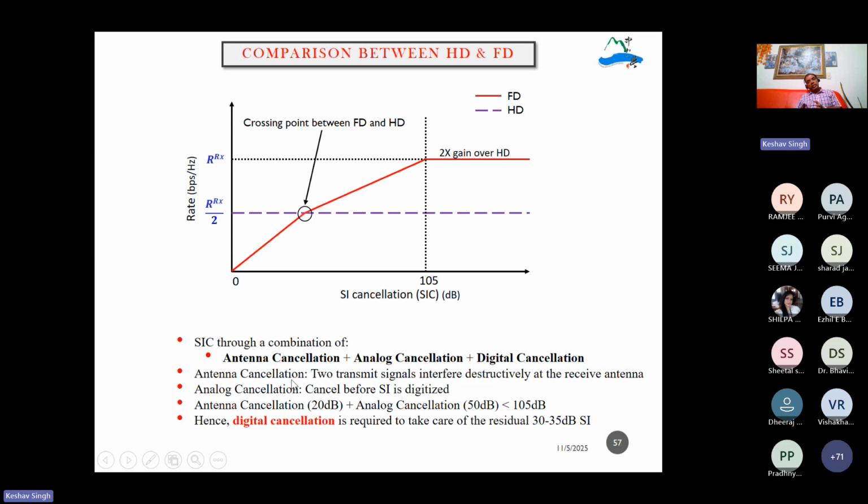One is antenna cancellation, another is analog cancellation, and then digital cancellation. We believe that antenna and analog cancellation, these two, can cancel up to 70 dB of SI, and the remaining 30 to 40 we can cancel in the digital domain by designing an efficient precoder and decoder.